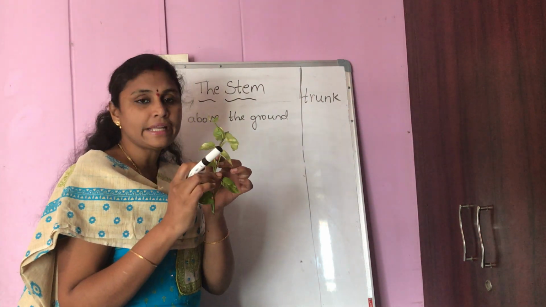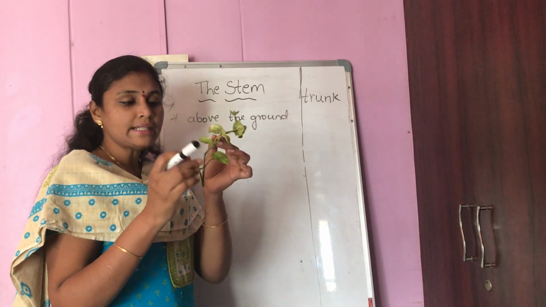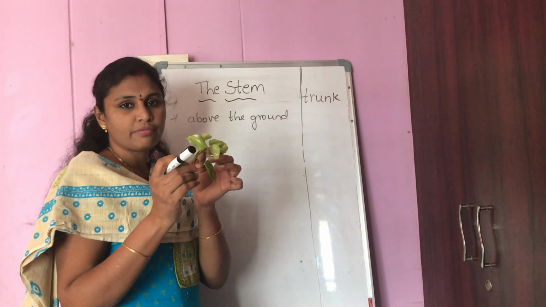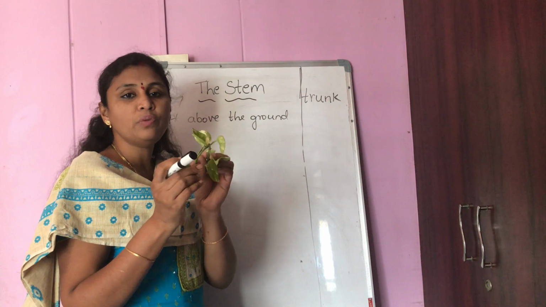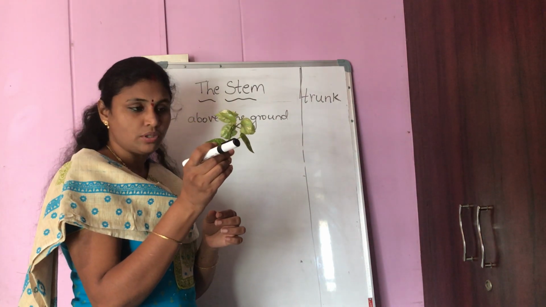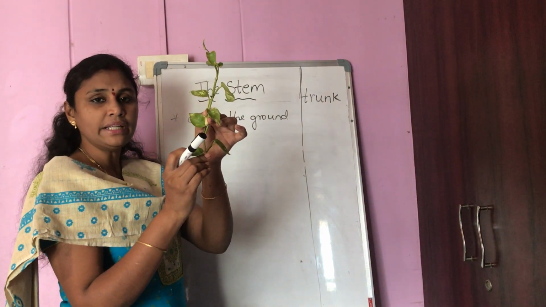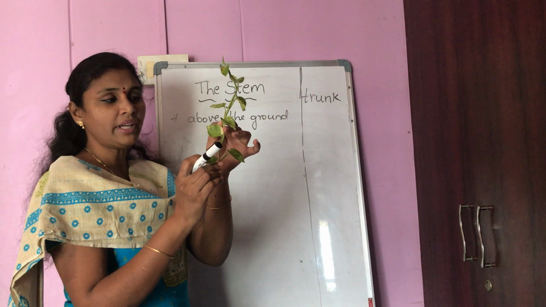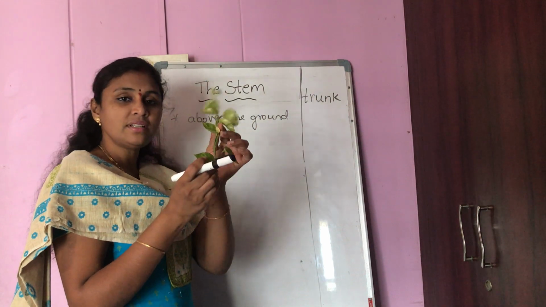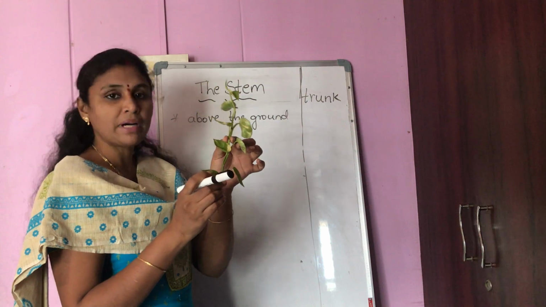It is green in color. This green stem is so soft and so weak. Can it stand without support? No, the money plant needs support to stand upright.